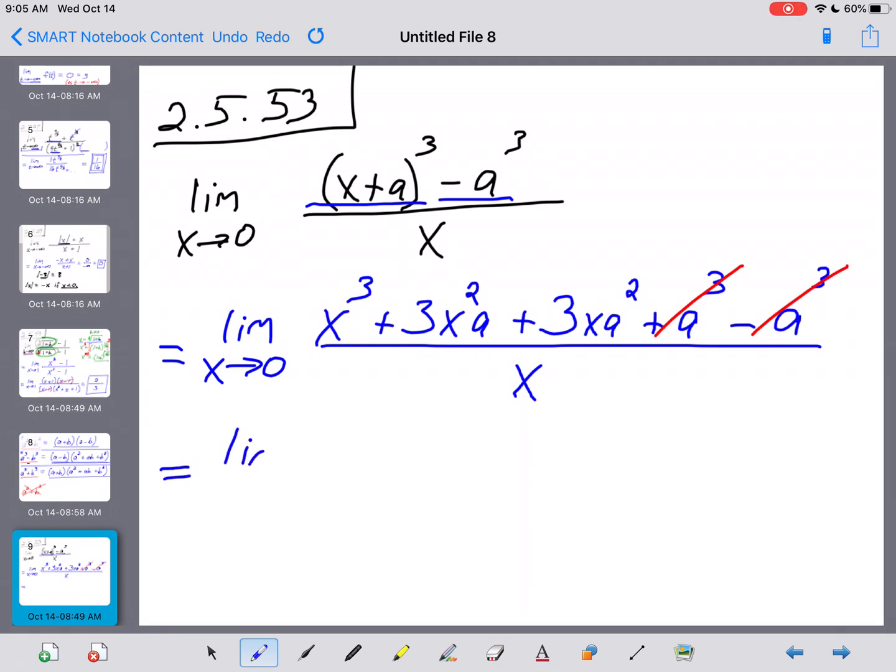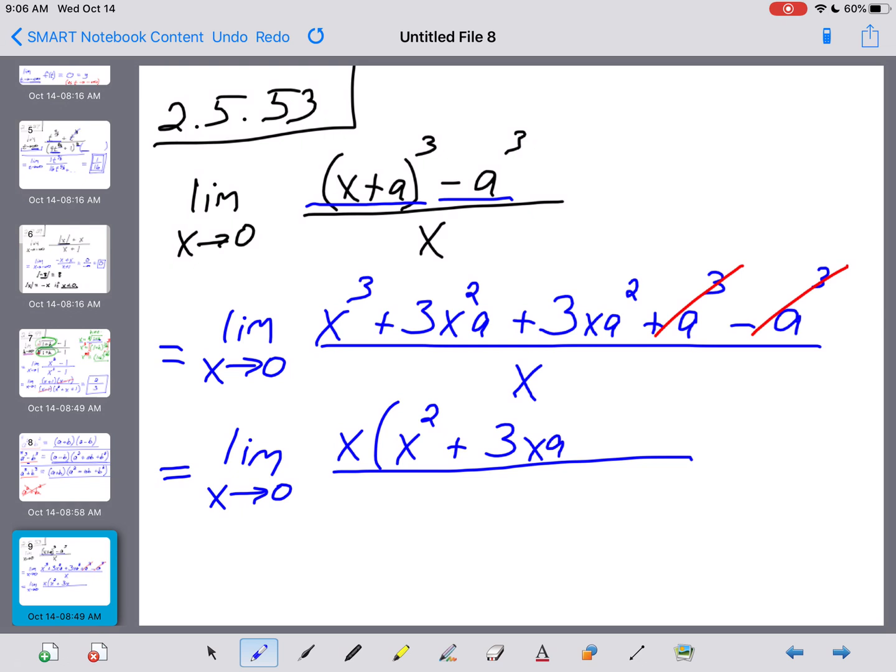So I'm going to show a step right here that some of you would probably not show on your own, and that's okay, but I just want to illustrate better what's happening. Three terms in the numerator, they all have a GCF of x. So when I pull that out, that's going to leave me with x squared plus 3xa plus 3a squared over the x in the denominator.